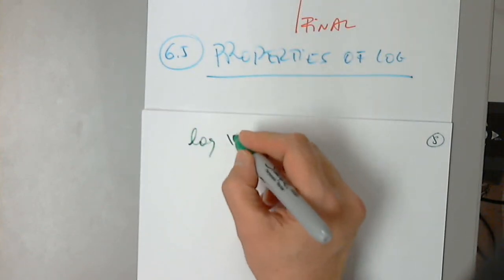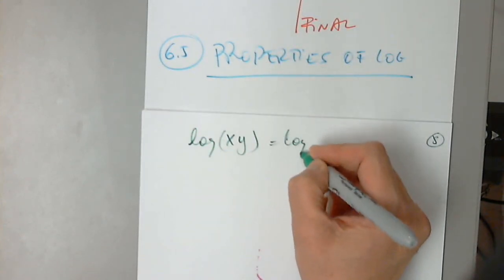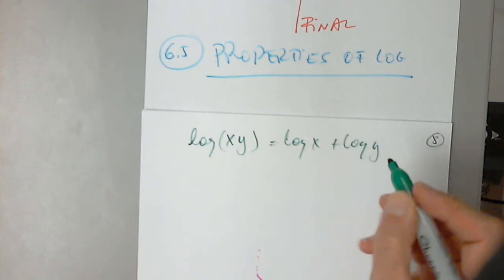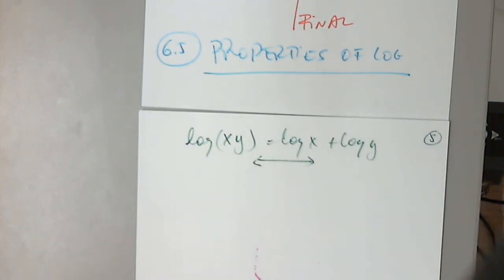So log of xy equals log x plus log y. And this goes back and forth. When we are given log of a product, we say expanded into two simple logs. When we are given the sum, we are told condense. Go back and condense into one log.